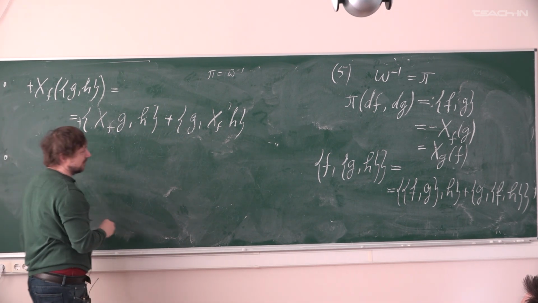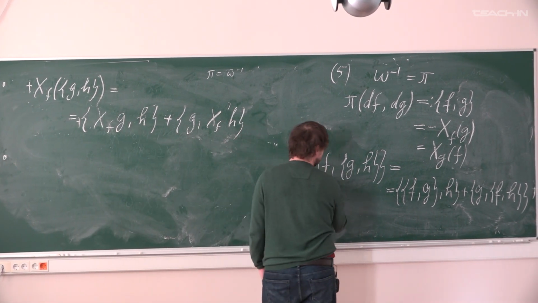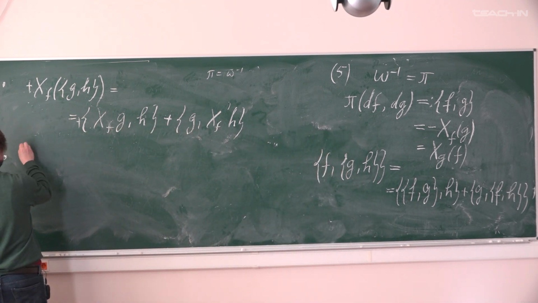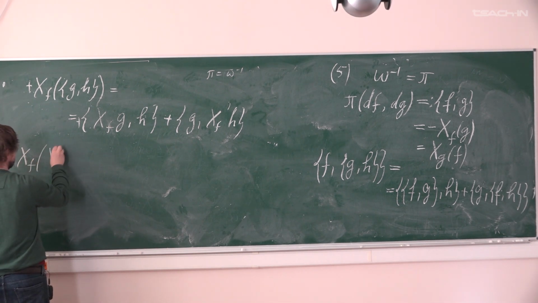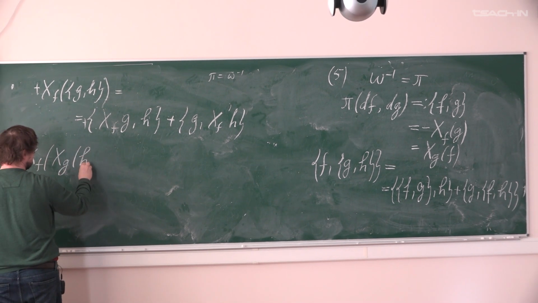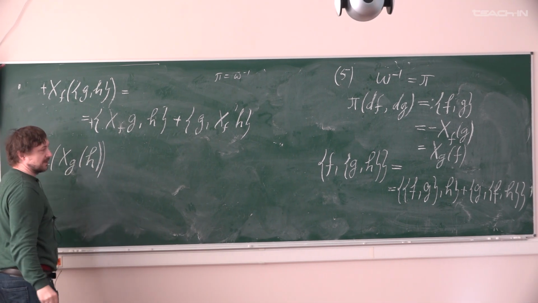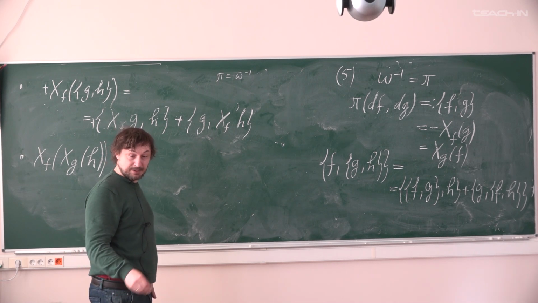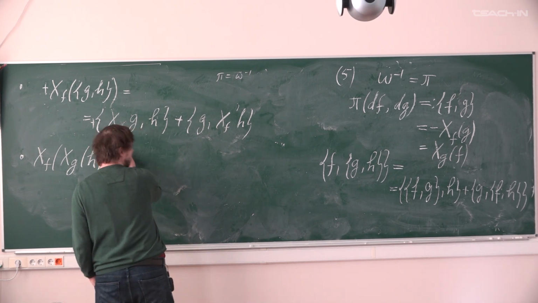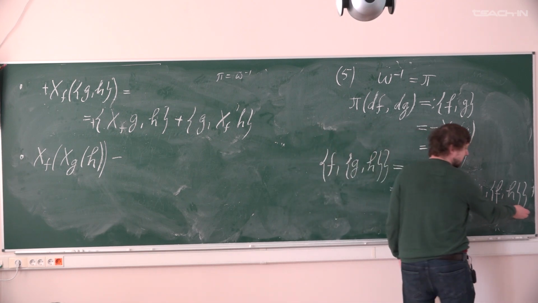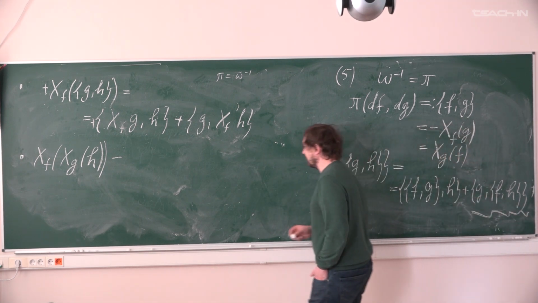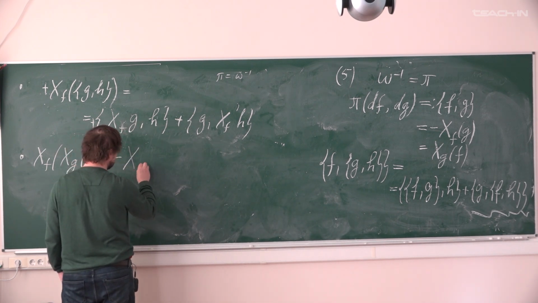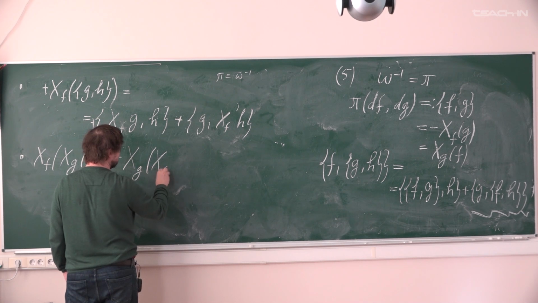You can do the same thing now twice, for f and for g. So what you have here will be X_f of X_g of h. Observe that the minus sign has disappeared because we have used it twice. Minus, now I take this term and move it from the right to left, minus X_g X_f of h.